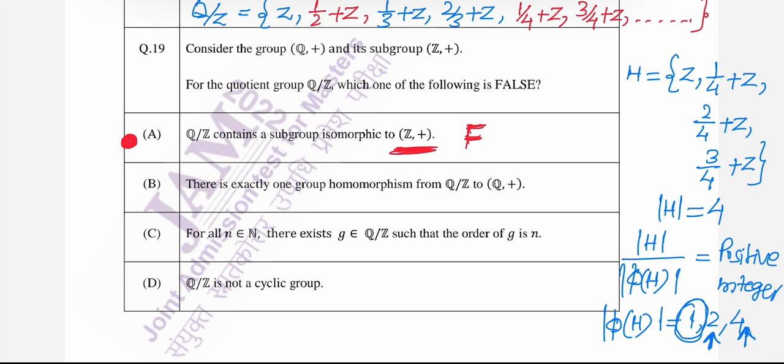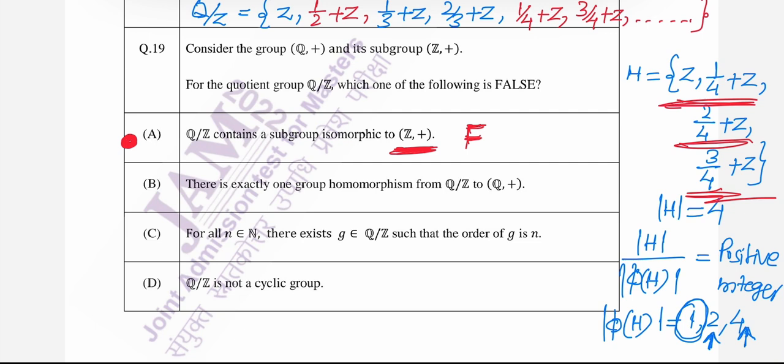So this time as well, these four elements map to the identity element in Q plus. And if you take some other subgroup of Q by Z, then in all cases you take the common thing, that all the elements of Q by Z map to the identity element of Q plus.